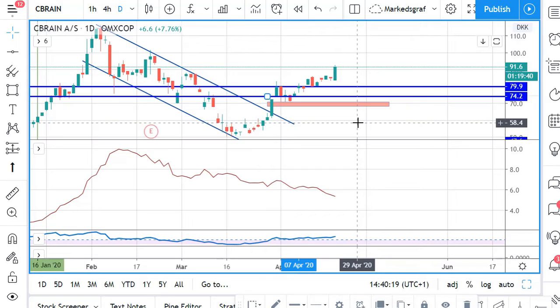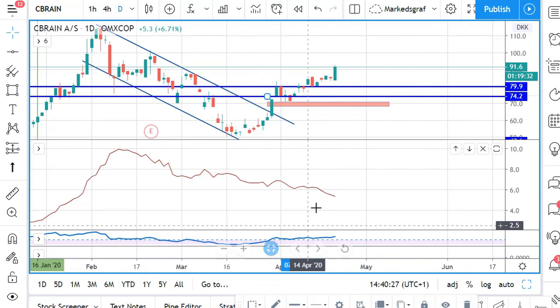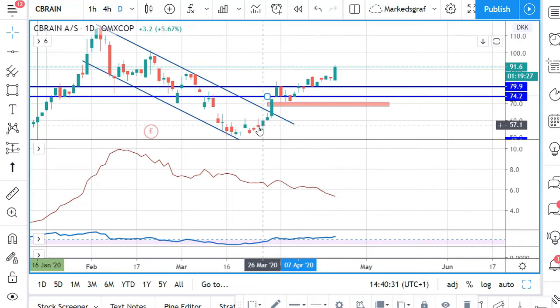That would probably not be enough. So normally you take 2 or 3 times the ATR, meaning that when the ATR is 6 kroner, and that of course means that the average range from day to day here over the last 14 days has been 6 kroner, you would take 2, maybe 3 times that.